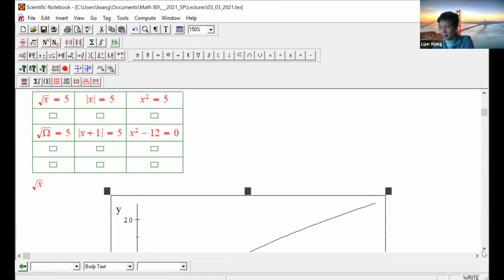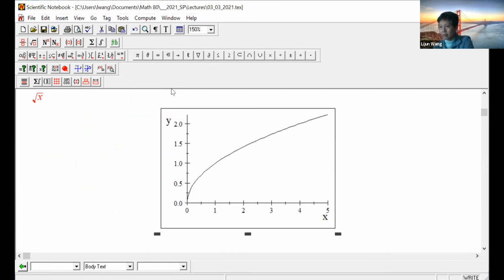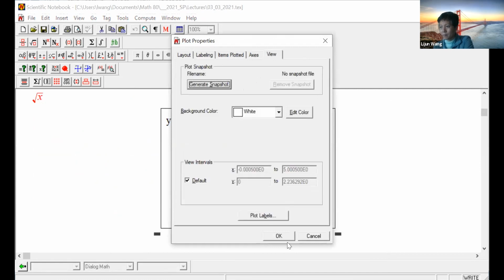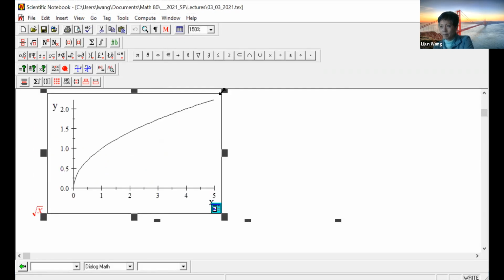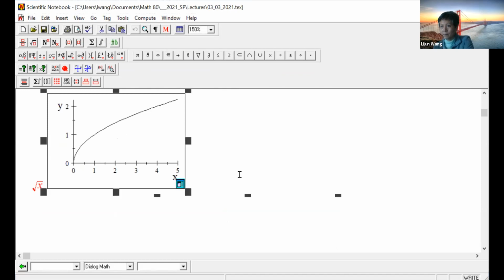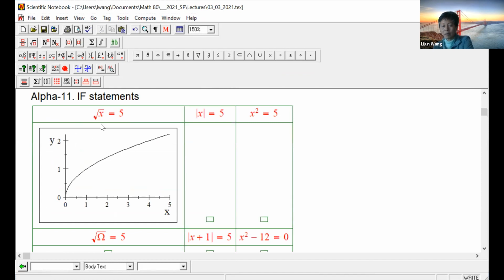Could you guys show me? That's the graph.